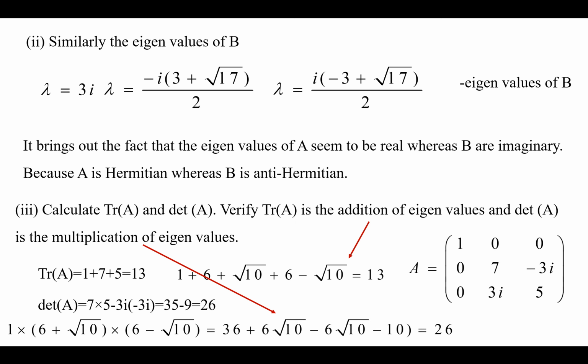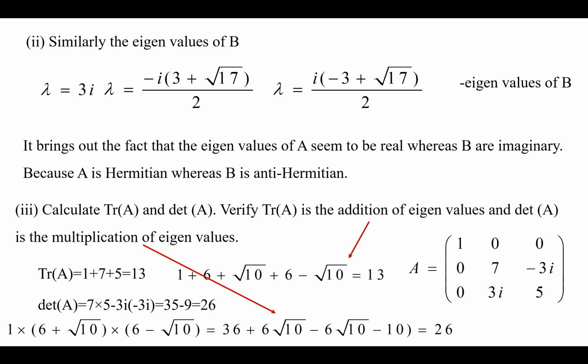Looking at all 3, they are complex numbers because B is an anti-Hermitian matrix. So it brings out the fact that the eigenvalues of A are real whereas those of B are imaginary, because A is a Hermitian matrix and B is an anti-Hermitian matrix.